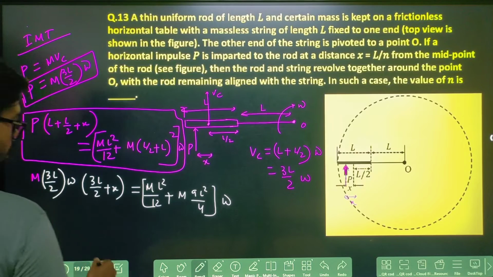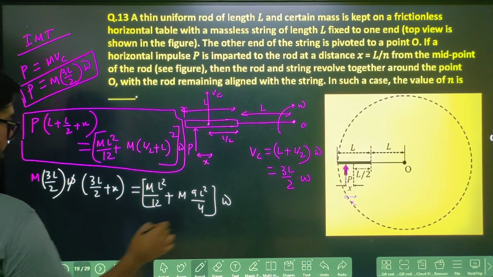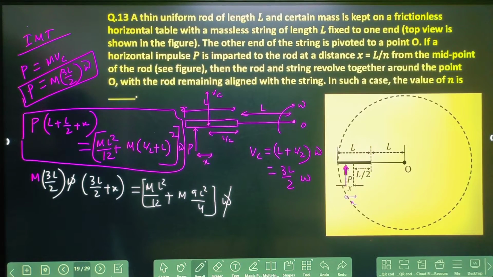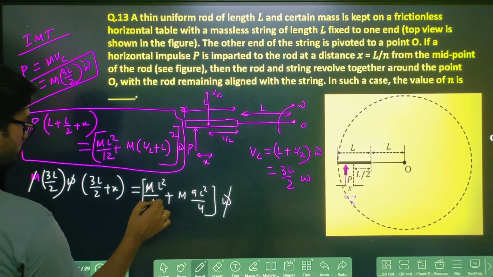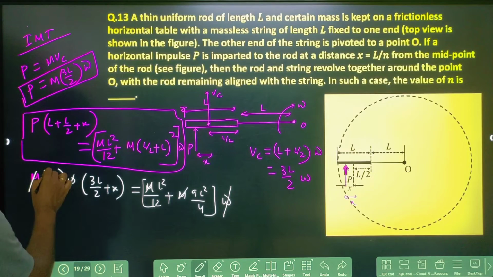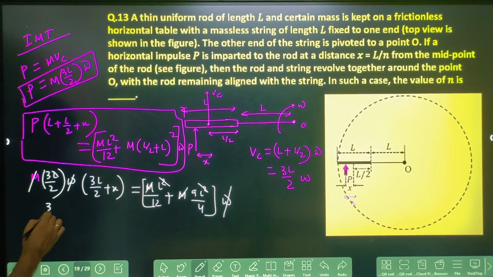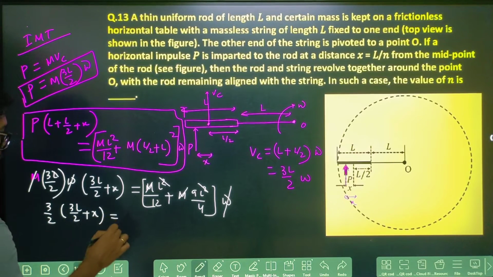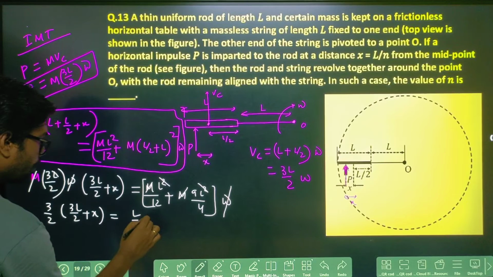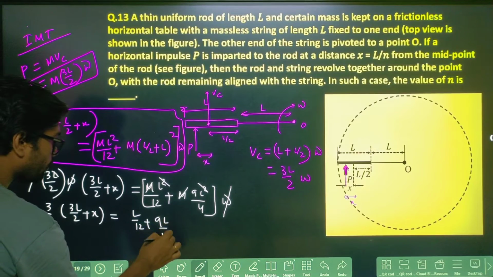So see here, omega gets cancelled out, mass also gets cancelled out, one L also gets cancelled out. Okay, so now you get 3 by 2 into 3L by 2 plus x is equal to L by 12 plus 9L by 4.